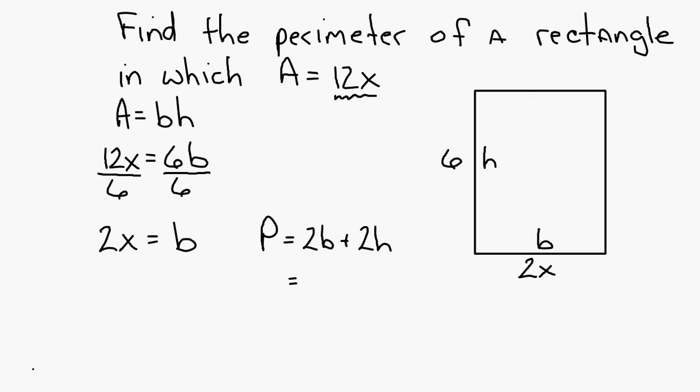So 2 of the bases would be 2 times 2x, plus 2 of the heights would be 2 times 6. So the perimeter of that shape is going to be equal to 2 times 2x, which is 4x, plus 2 times 6, which is 12.